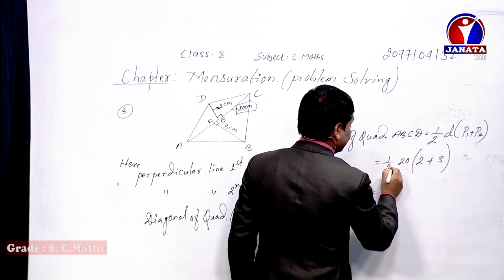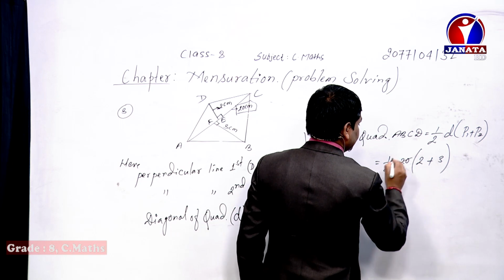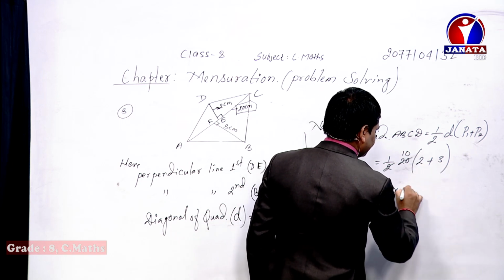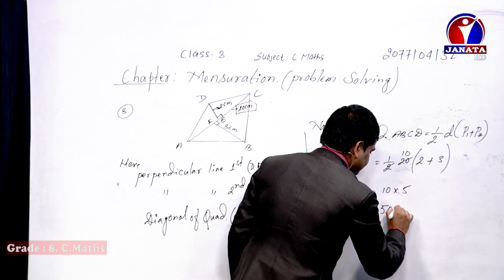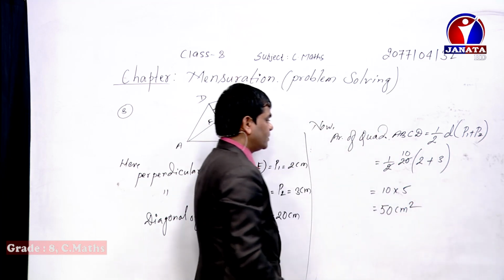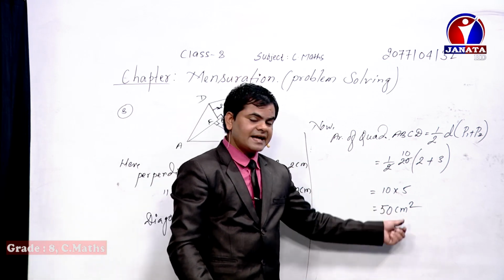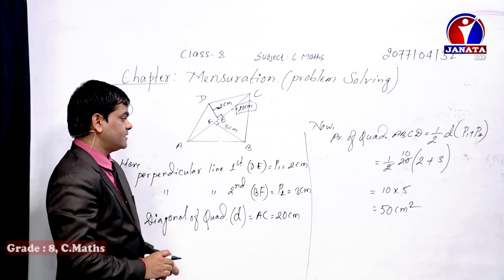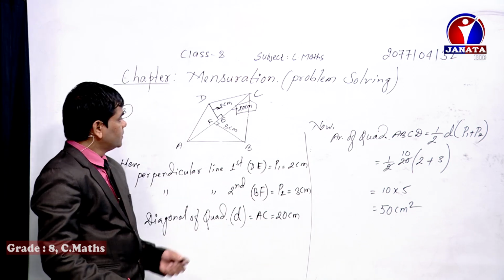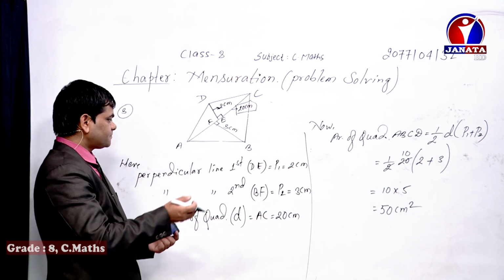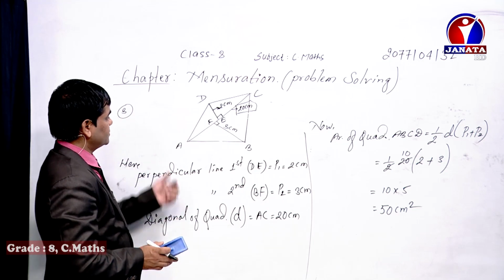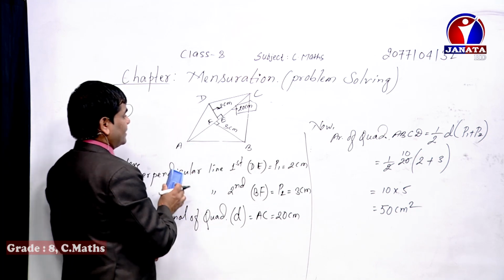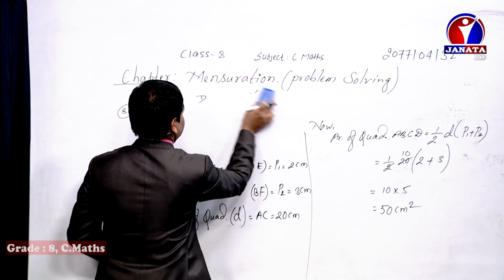If possible we can cancel numerator and denominator. So 2 tens are 10 into 2 plus 3, 5, equals 50 centimeter square, because it is the area, so the unit remains centimeter square. If meter is given, then we need to write meter square. So this is the problem regarding quadrilateral if such a question is given. Now I am going to make another question, so that you will do it yourself.